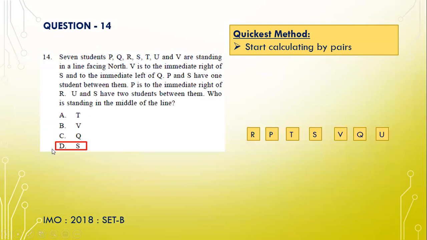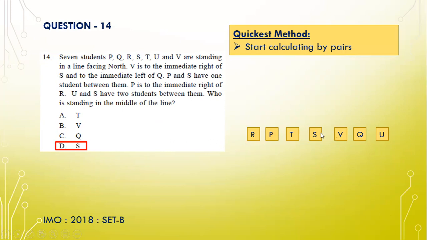Next one, 7 students P, Q, R, S, T, U and V are standing in a line facing north. V is to the immediate right of S and to the immediate left of Q. V is to the immediate right of S. So immediate right of S is V and immediate left of Q. So immediate left of Q is V. And P and S have one student between them.